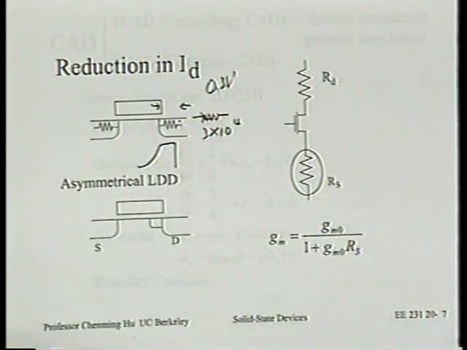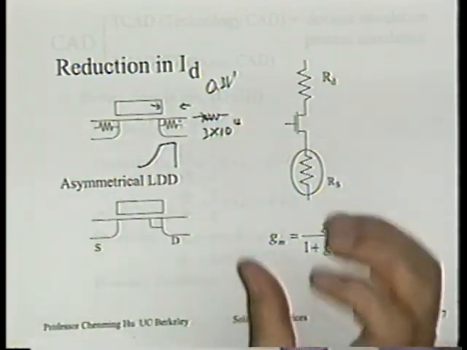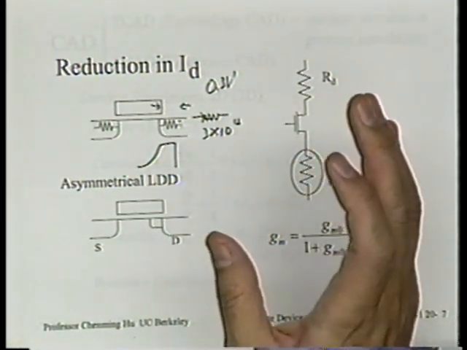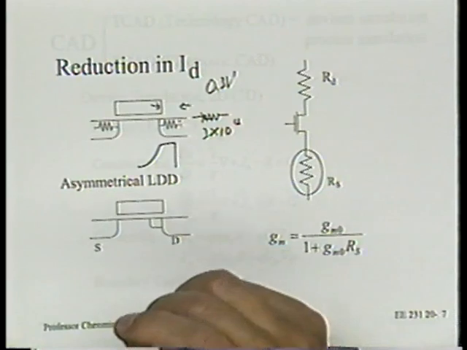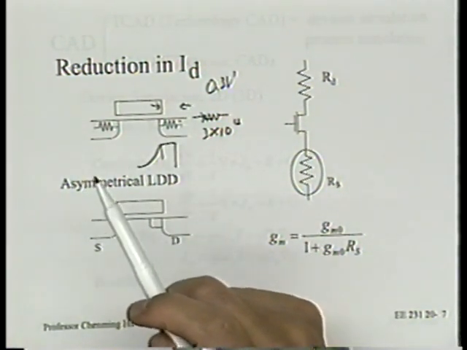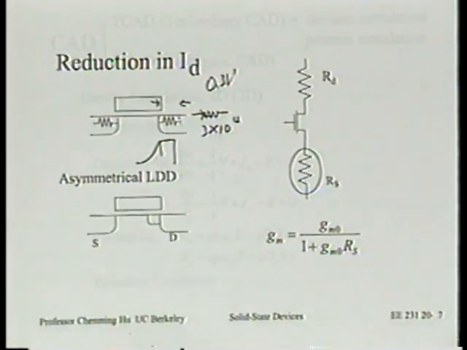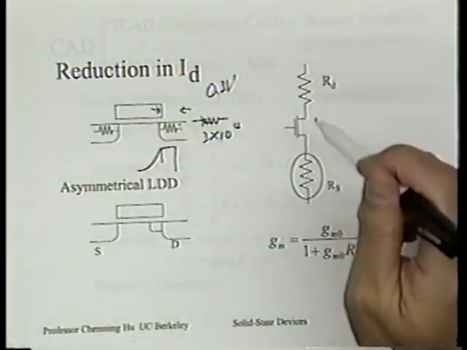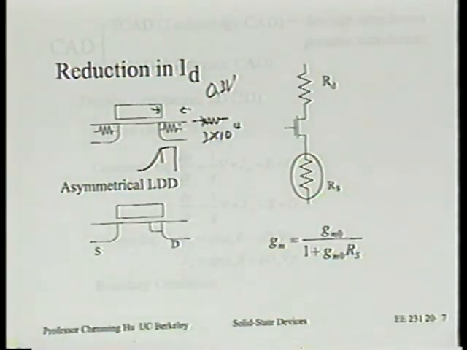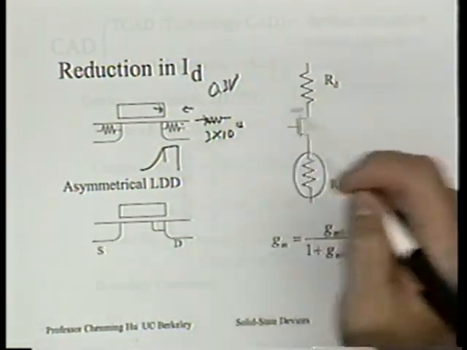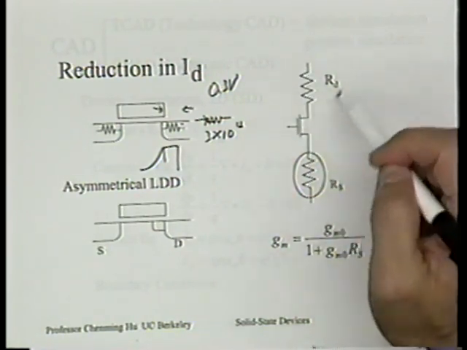So just from the length required point of view, a resistor will never perform the kind of feat that LDD is doing. LDD is allowing us to drop that 0.3 volt over a very short distance, and it actually does this with even less resistance. It gives us less performance drop than putting a resistance outside.